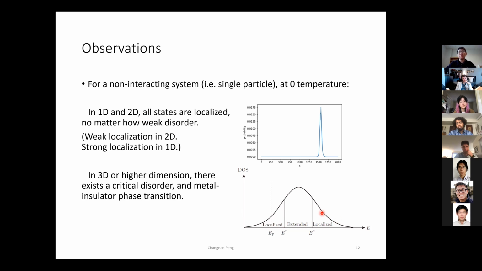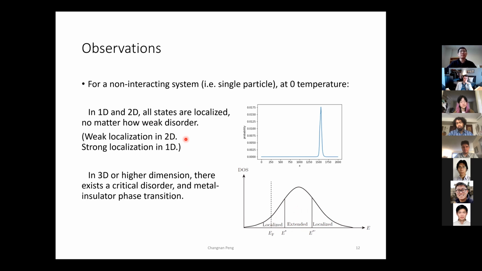It's not like here we have a mobility edge where below that the states are localized and in the other range some states are extended. No, in 1D and 2D, all states are localized.